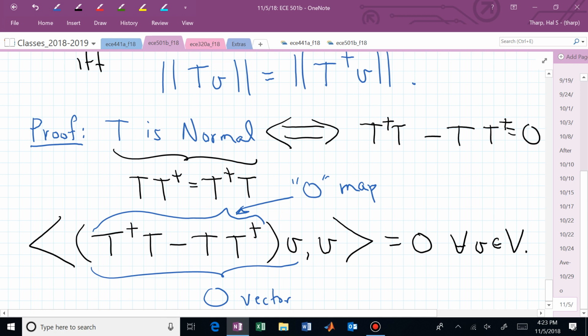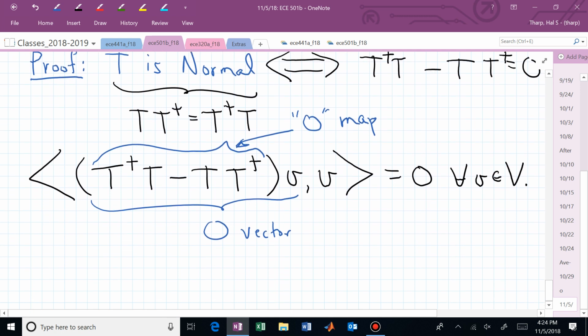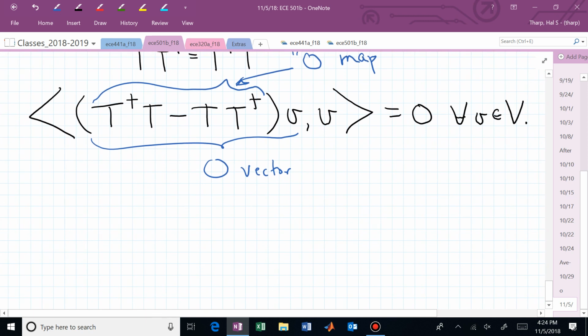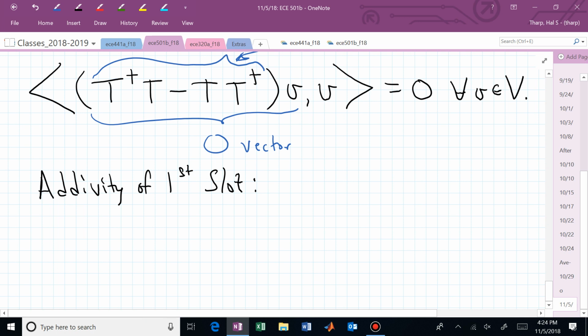Not anything real major going on here. So now let's use the properties of inner products with this expression. So first let's do the additivity of the first slot. That now allows me to distribute that operator into two pieces. Now I have, and I'm going to write it a slightly different way, I'm going to group T with v and then apply T dagger.